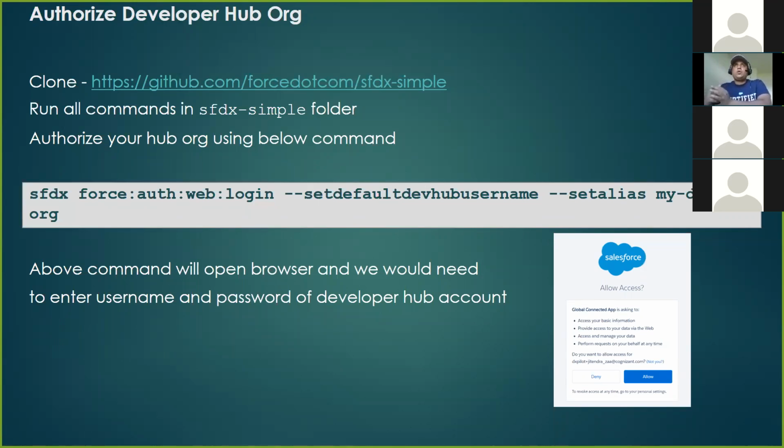Now how would the CLI know on behalf of which dev hub account the command is being run? So instead of saying again and again, okay, this is my developer hub, you can just use this flag saying that from the next command onwards, I will not give the information about what the developer hub is. You have to assume this as a default, and the same way you can set the aliasing also.